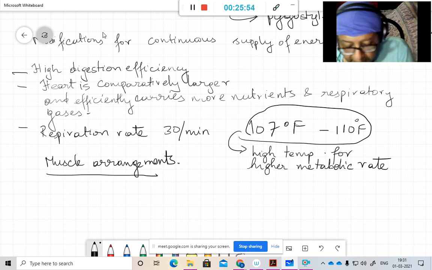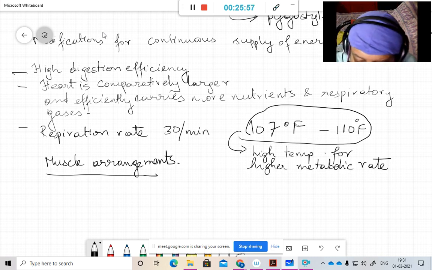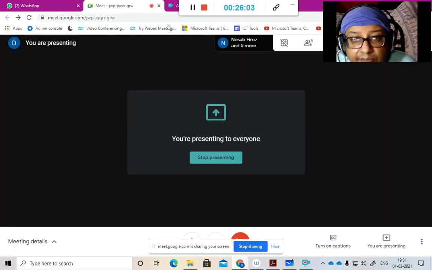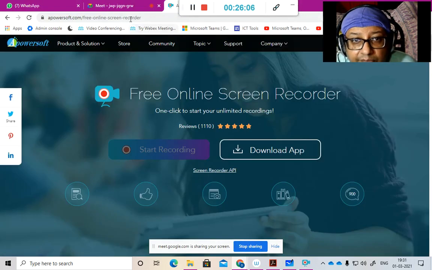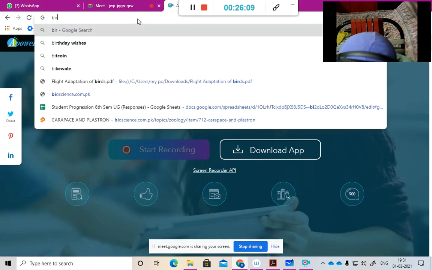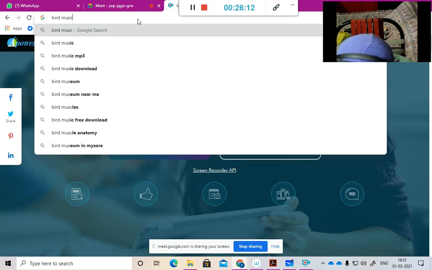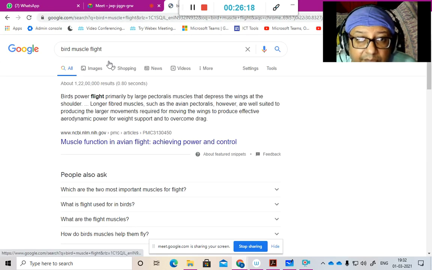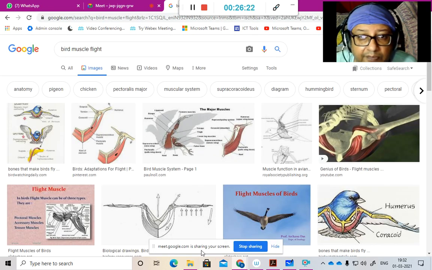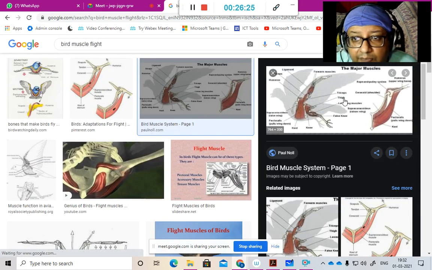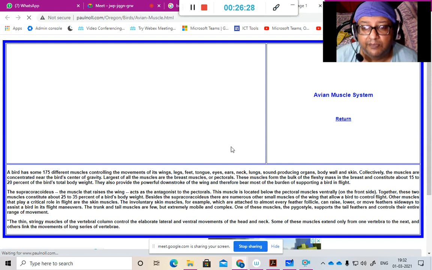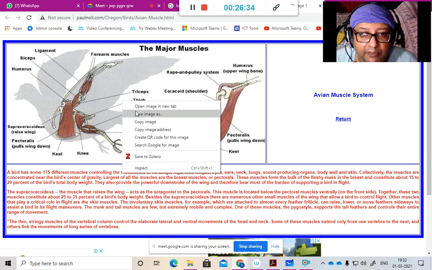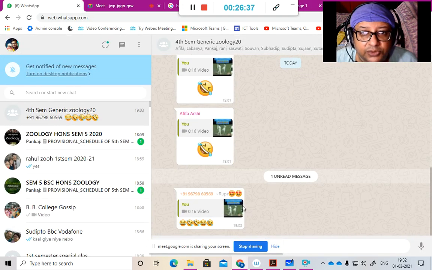Let us now have a look at a picture of a muscle.